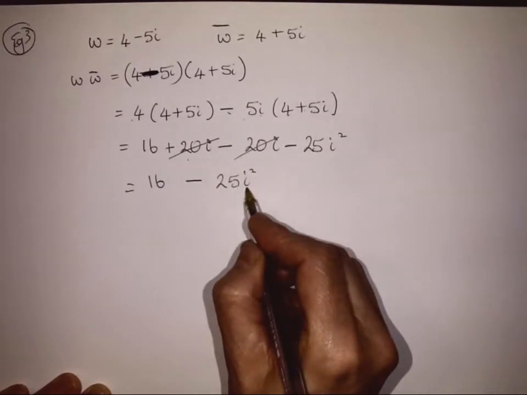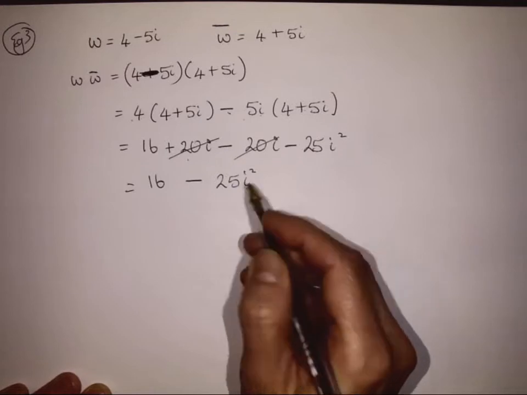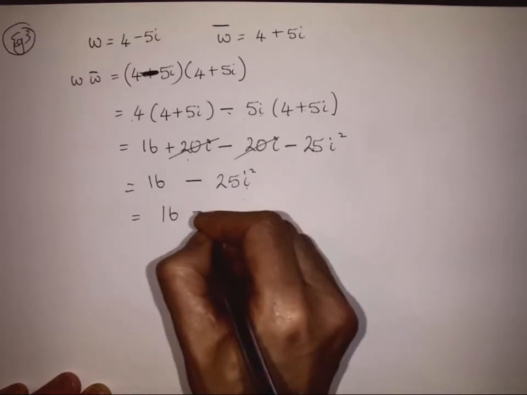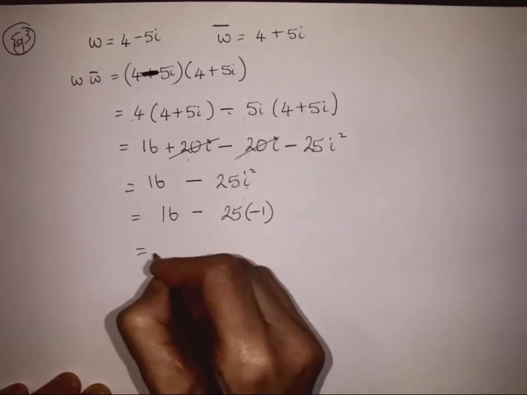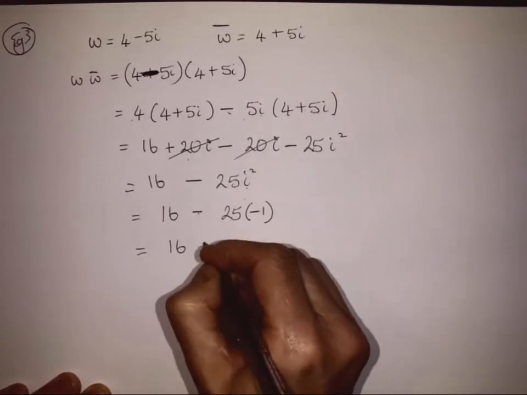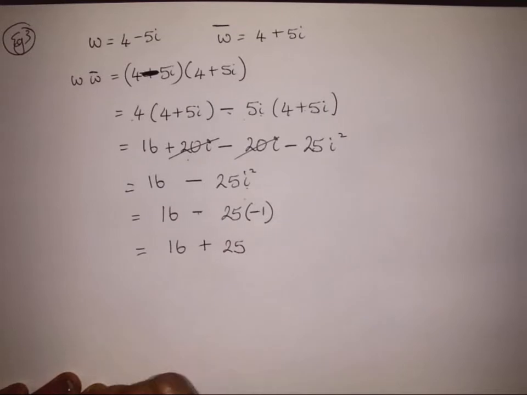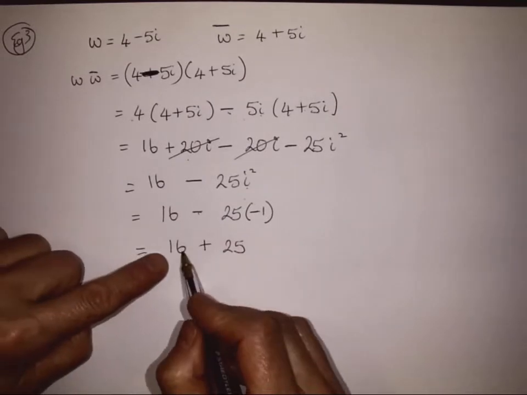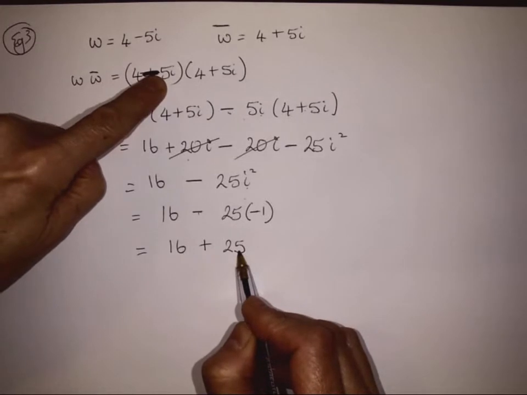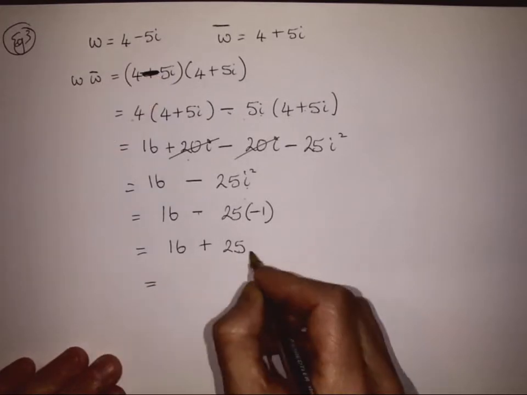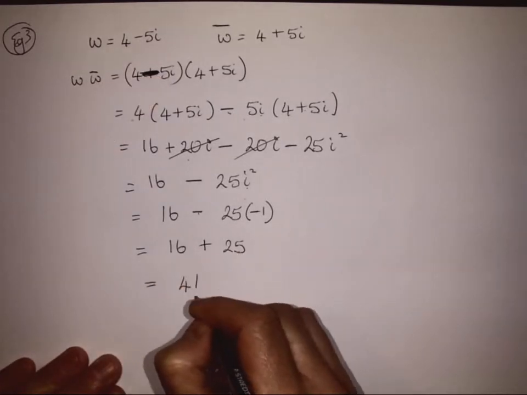Then again, the i squared is actually minus 1, so that's the same as 16 minus 25 multiplied by minus 1, which is 16 minus by a minus, plus 25. Note the 16 is 4 squared, and the 25 is 5 squared. 16 and 25 is 41.